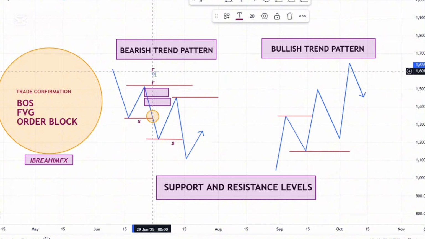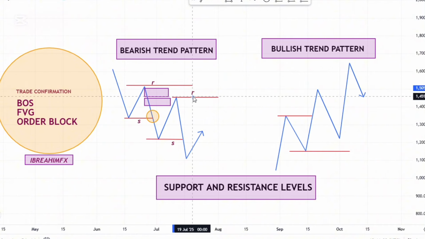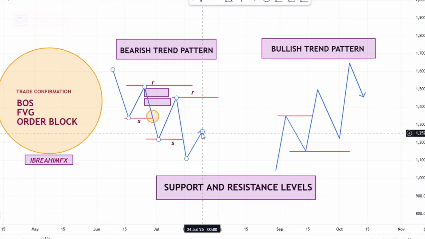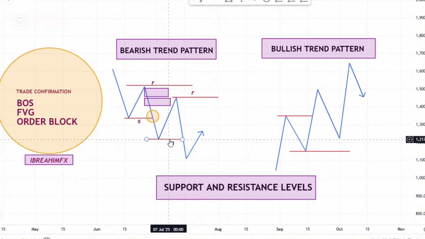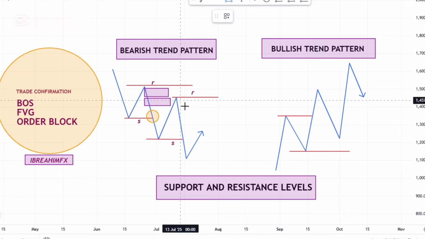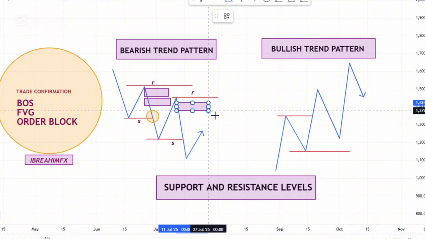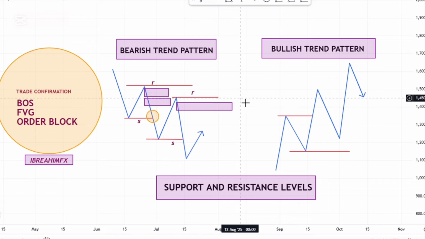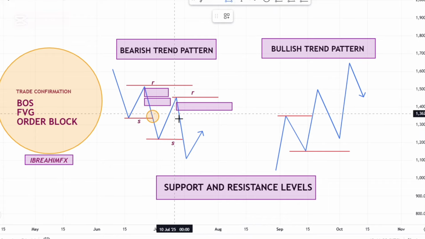So what we are looking for right now is we have our break of structure. The next thing is to get our fair value gap and order block. The next thing is to go here and identify your order block and your fair value gap for order confirmation.